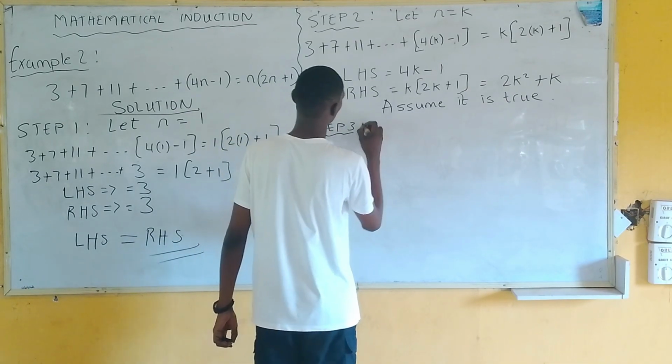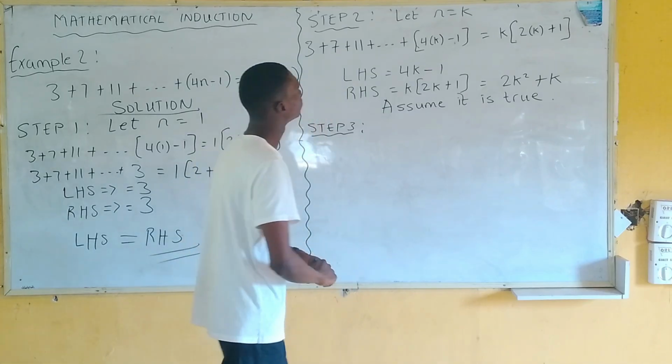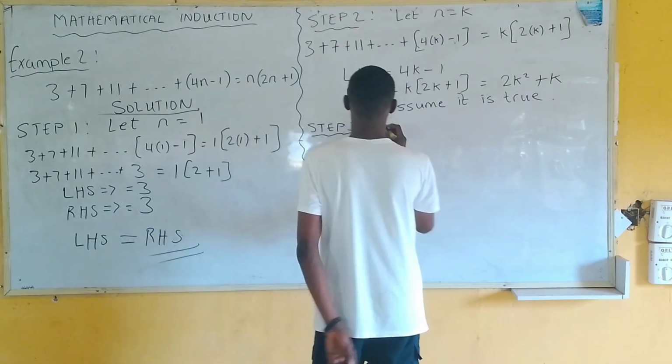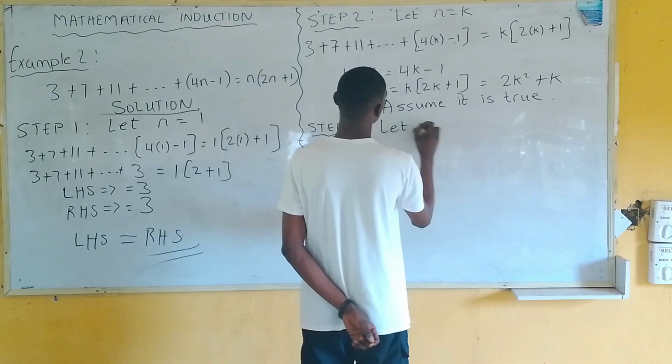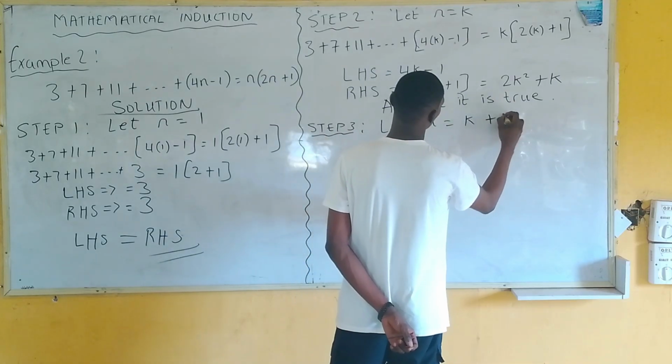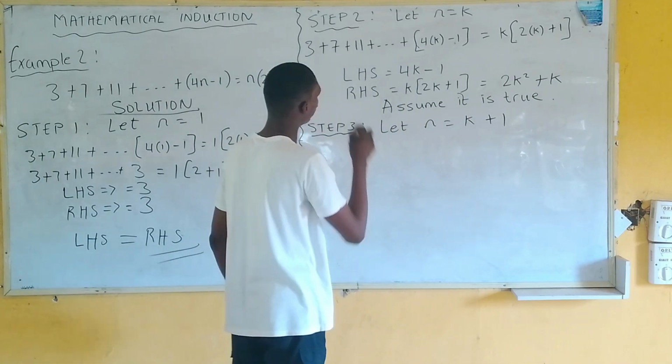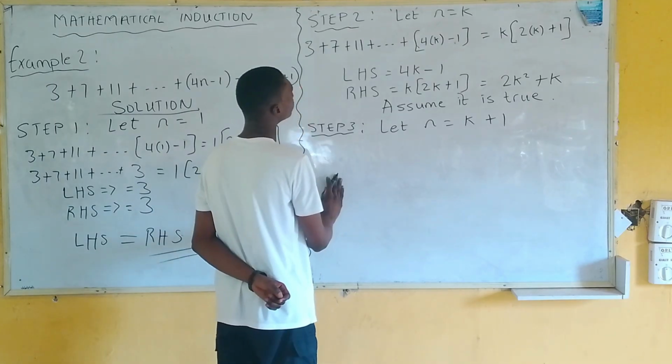Step 3 is our n equals k plus 1. Let n be equal to k plus 1. So if n is equal to k plus 1, what do we have?